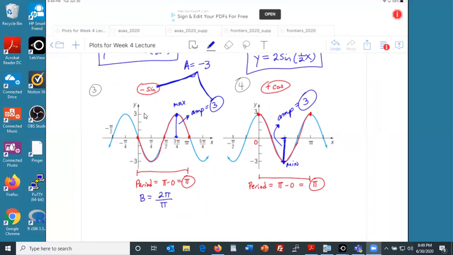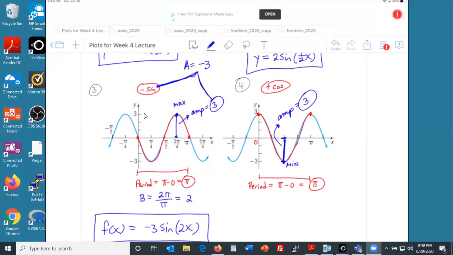So 2 pi over pi cancels the pi's out, and we get 2. So my a is negative 3. My b is 2. It was a sine function. So therefore, the function would be f of x equals negative 3 sine of 2x. Remember, a goes first, and b goes inside the parentheses with x.